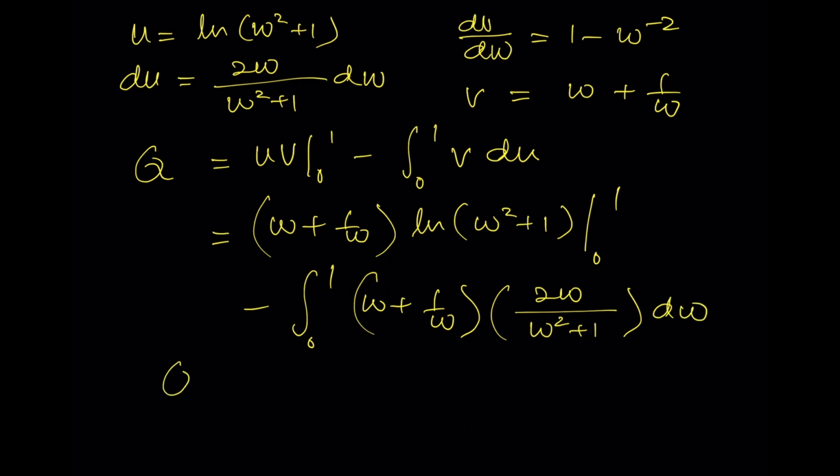Here we can say that Q is equal to L minus J, where L is the first part of the equation while J is the second part of the equation.